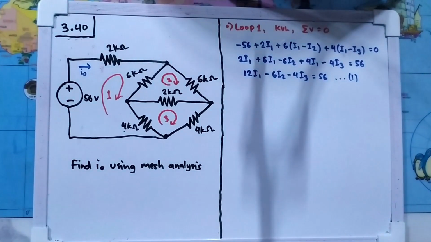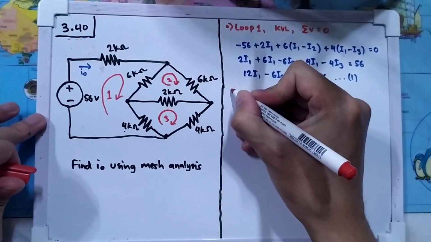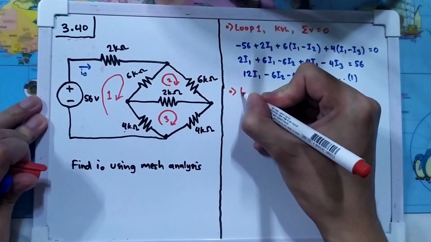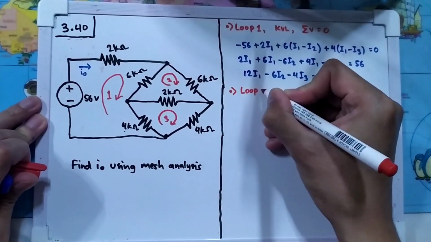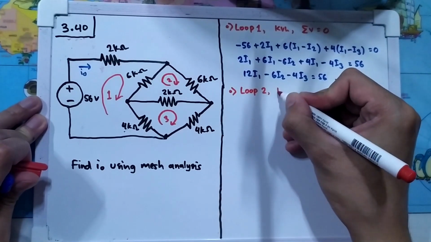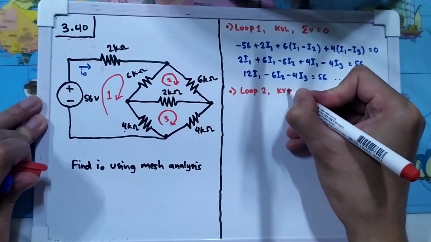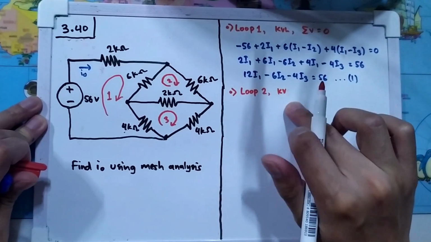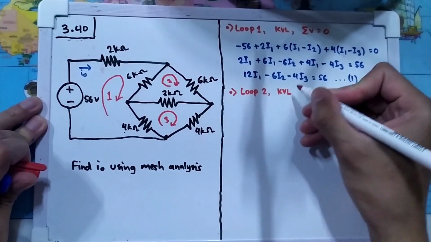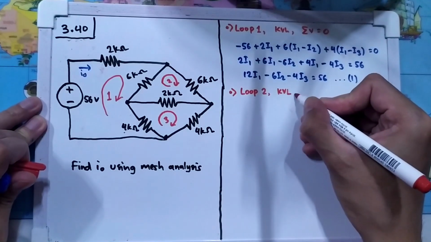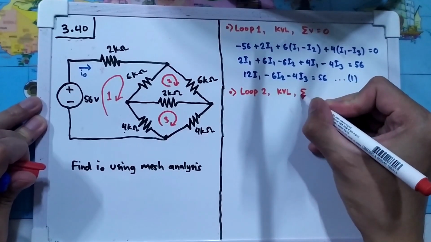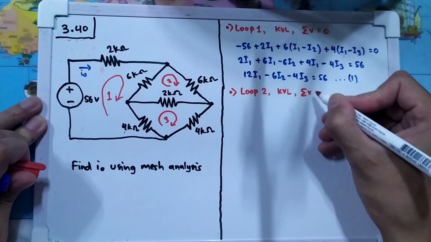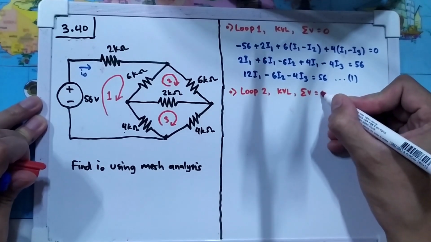Okay, let's move on to the loop number 2. And again, we apply KVL, Kirchhoff voltage law. I don't know how to pronounce Kirchhoff correctly, but yeah, I tried my best. So the sum of the voltage is equal to 0 in a loop.